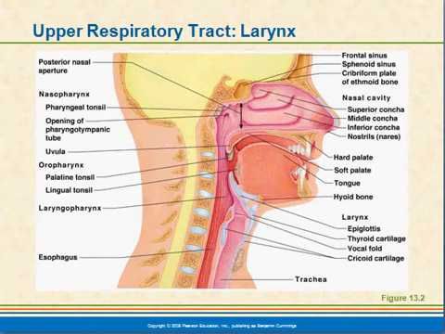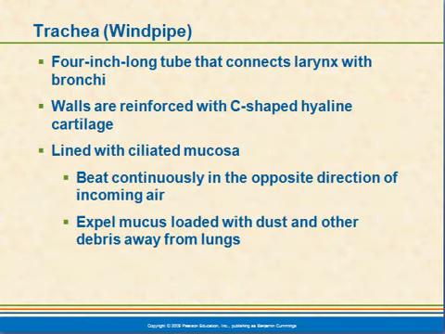The trachea becomes the sole pathway for air. No food goes down here, so this is not shared. It's a 4-inch long tube, and it connects the larynx to the bronchi.